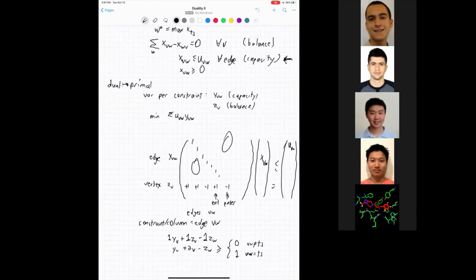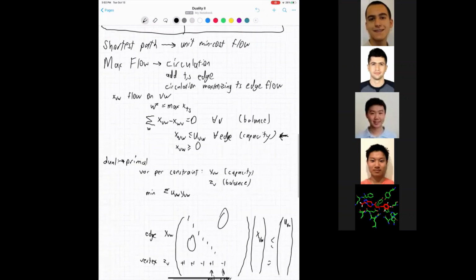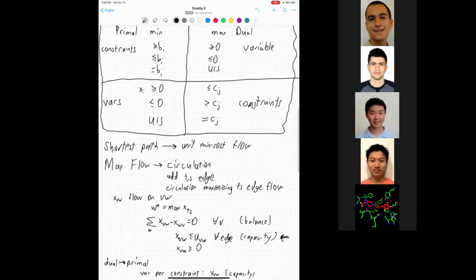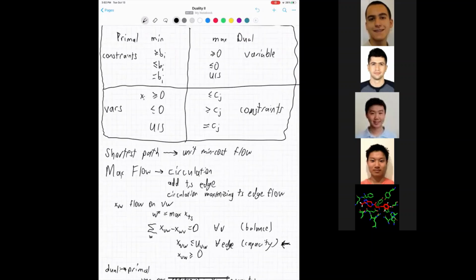Now the other question we have to answer is what kind of variables these y and z variables are. Are they non-negative, non-positive, or unrestricted? We answer that question the same way, by looking at the cookbook and at the original linear program. So what can we say about the y variables, which correspond to the capacity constraints?